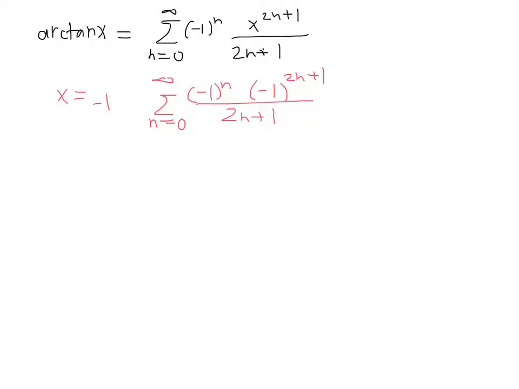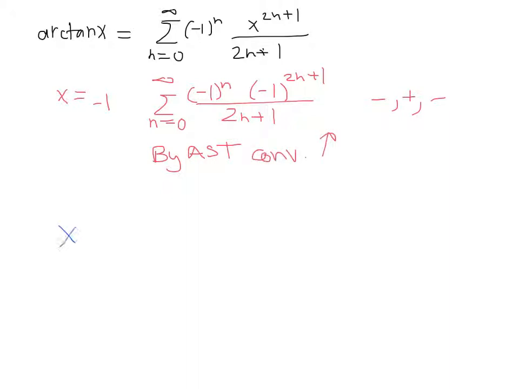So when you plug in 0, negative 1 to the 0 is positive, negative 1 to the 1 is negative, so first term negative. When you plug in 1, the first term is negative, the second term is negative, resulting in a positive. When you plug in 2, positive, negative. So this appears to be alternating, so this does converge at x equals negative 1. So by the AST, this will converge.